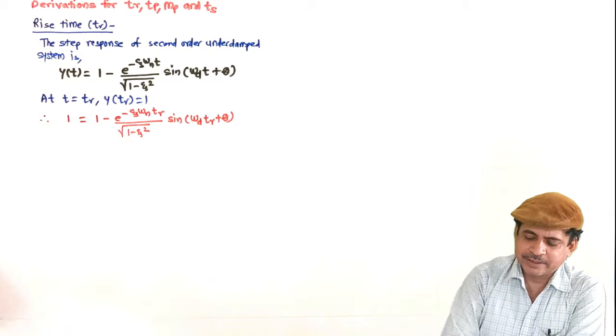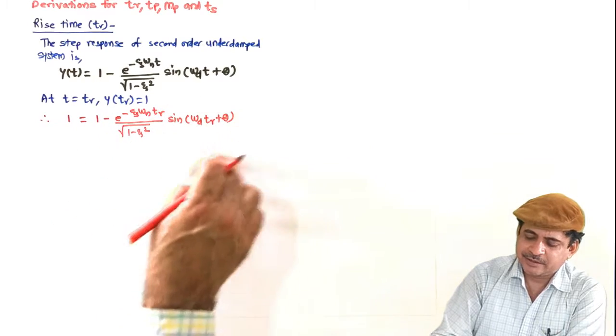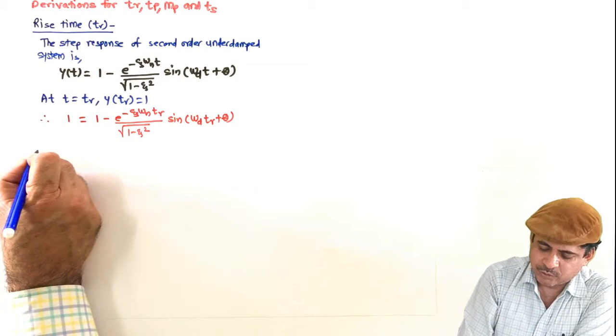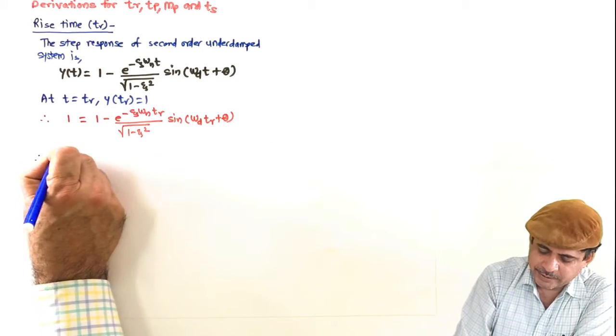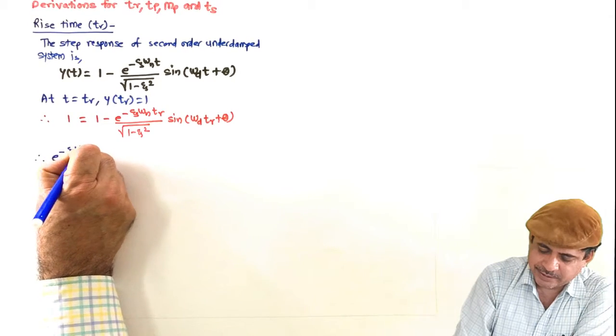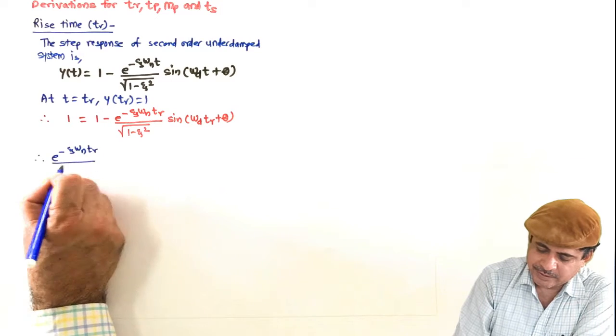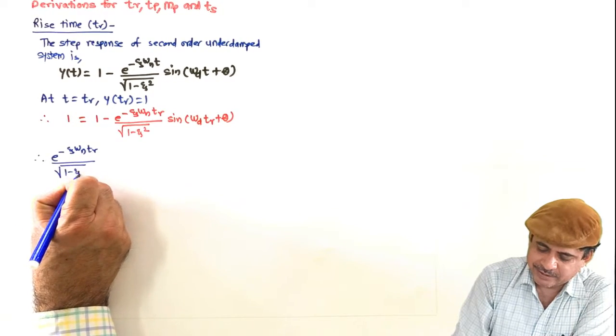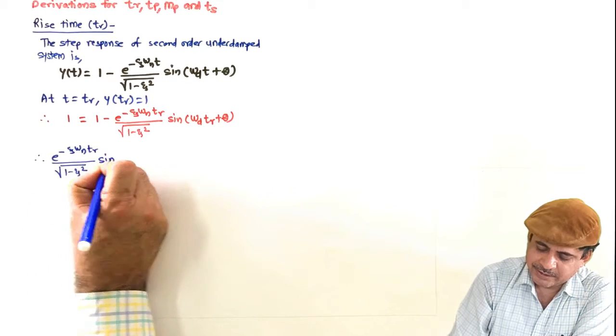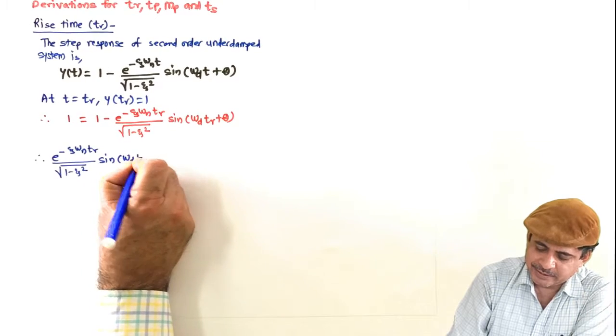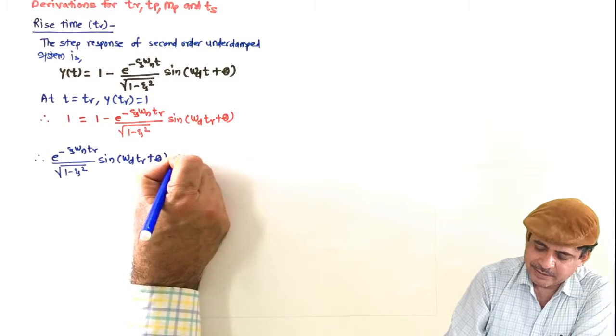So this 1 gets cancelled, and e raised to minus zeta omega n tr divided by under root 1 minus zeta square into sine omega d tr plus theta is equal to 0.